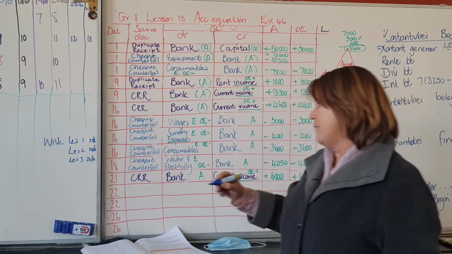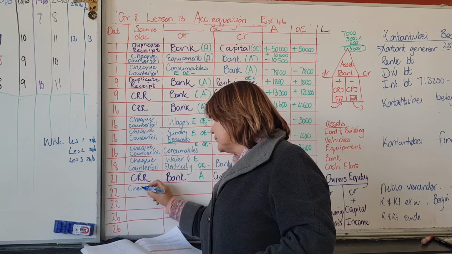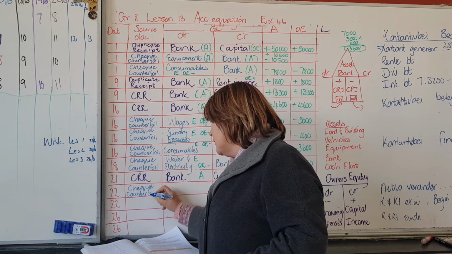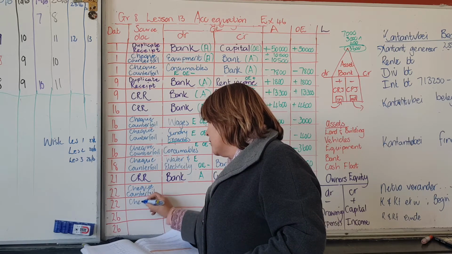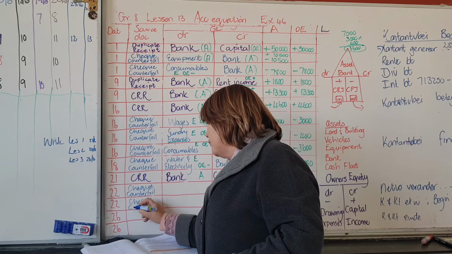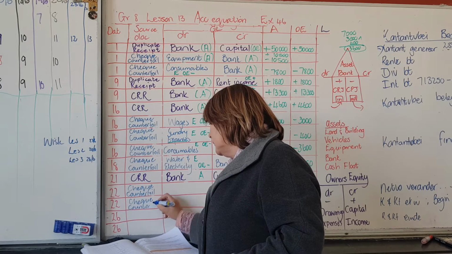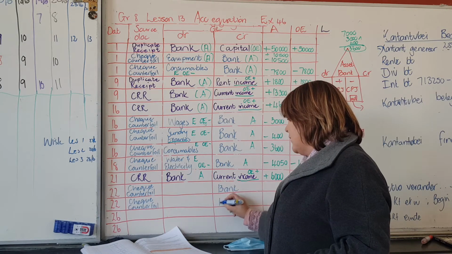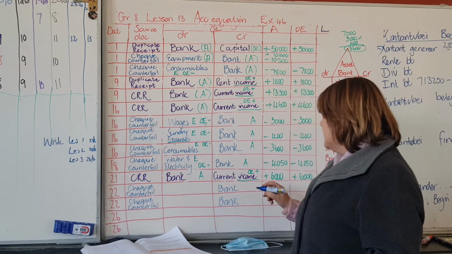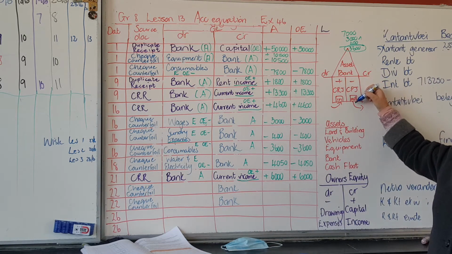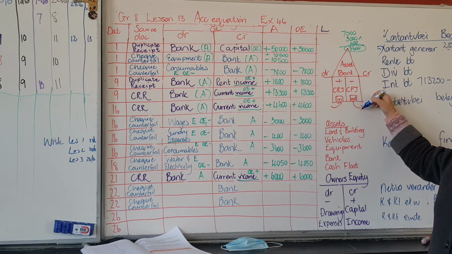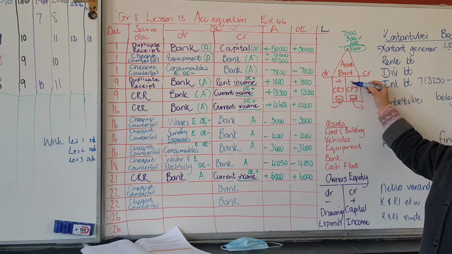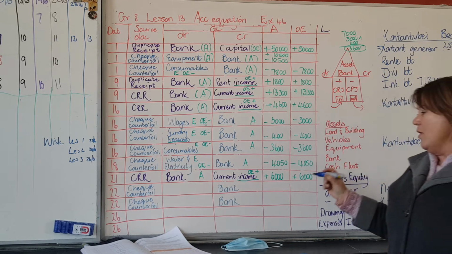So again, you've paid by check. So what stays behind in your checkbook? The check counterfoil. That means your bank's going to be credited, because money went out of your bank account, because it was a payment, your bank account's going to decrease, and that's why you credit your bank account.